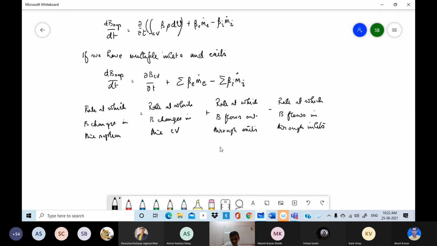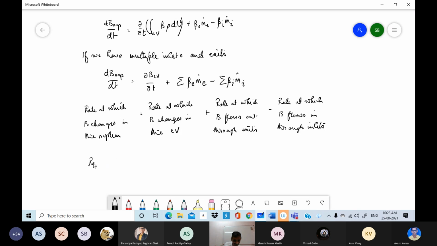So the rate at which B changes for the system is not just the rate at which B changes in the control volume, because the system continues to include material which has flowed out. So the rate of change in the system must add the rate at which B is associated with the material which has flowed out, minus the rate at which B is associated with the material which has flowed in. That is what these terms represent.